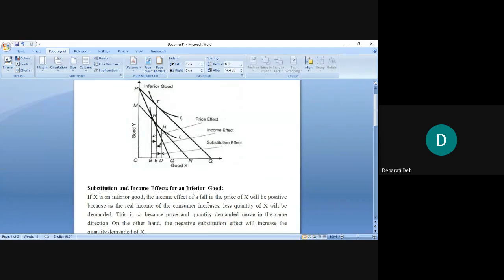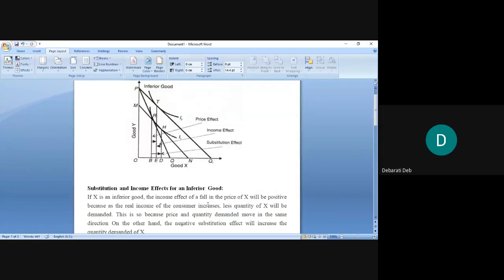So this is coming from the general concept of inferior good: if the real income of the consumer increases, that means his purchasing power increases, then less quantity of x will be demanded. Thus the income effect of a fall in the price of x will be positive, because both go in the same direction. Price will fall, demand will also fall.